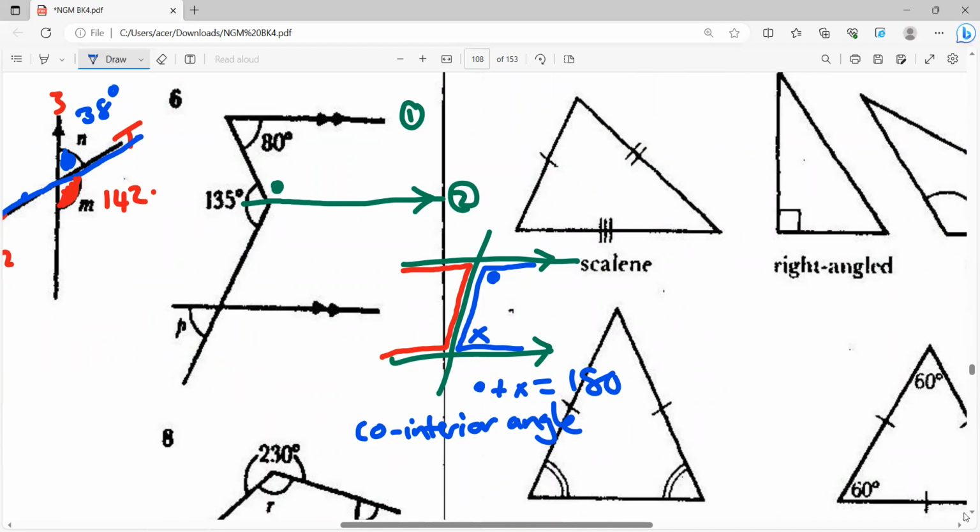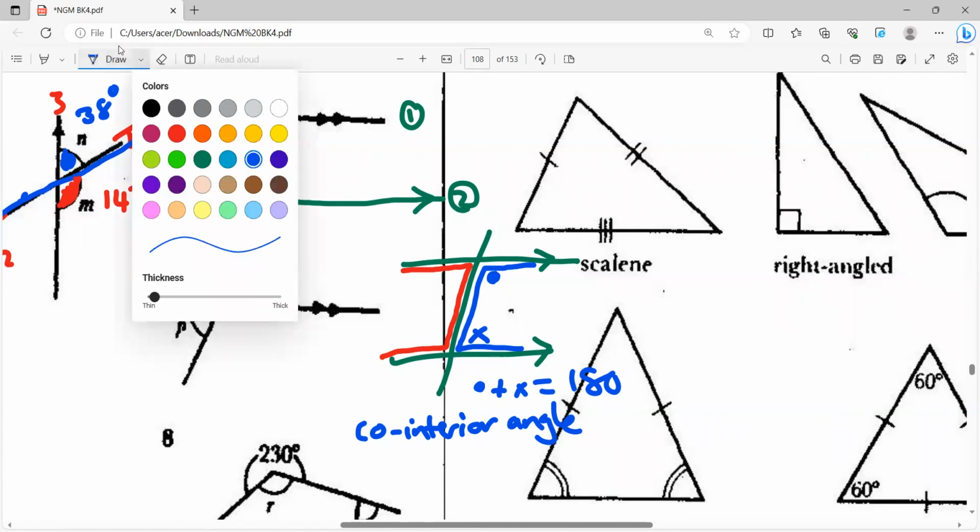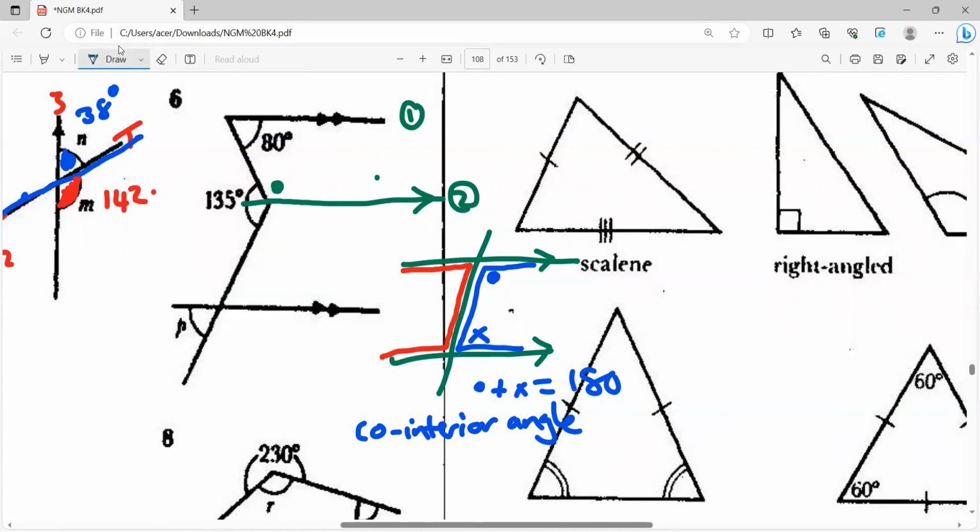They are together on the inner part of our parallel lines. They should add up to 180. So this is going to make our green dot what? 100 degrees. I almost said 100 degrees Celsius. So that's 100. Because this guy and that guy are co-interior when we look at it from this point.